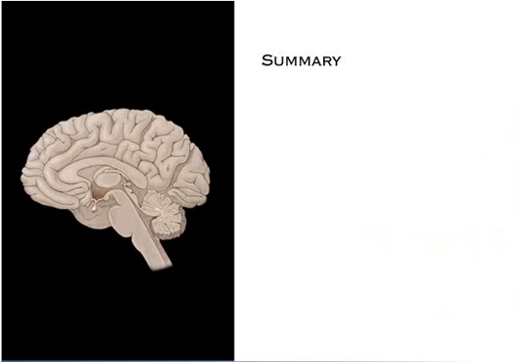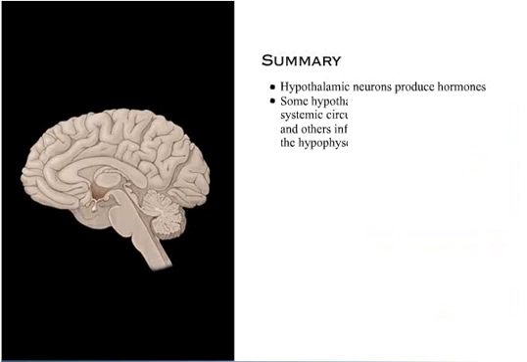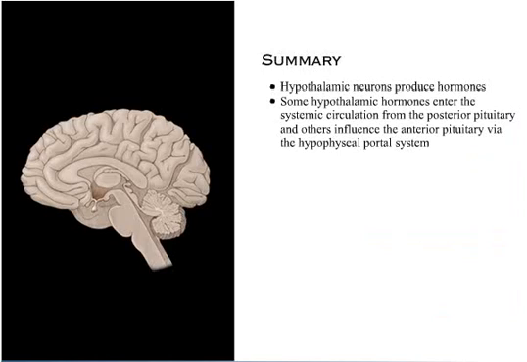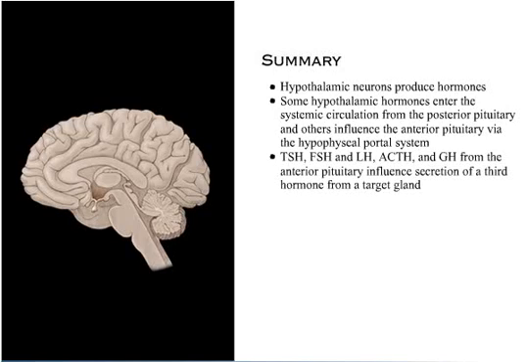Here's a summary of what we've covered. Hypothalamic neurons produce hormones. Some hypothalamic hormones enter the systemic circulation from the posterior pituitary, and others influence the anterior pituitary via the hypophyseal portal system. TSH, FSH, LH, ACTH, and GH from the anterior pituitary influence secretion of a third hormone from a target gland.